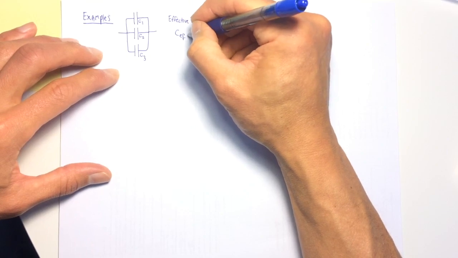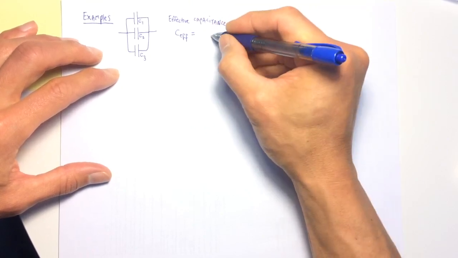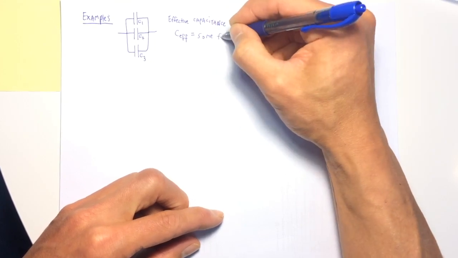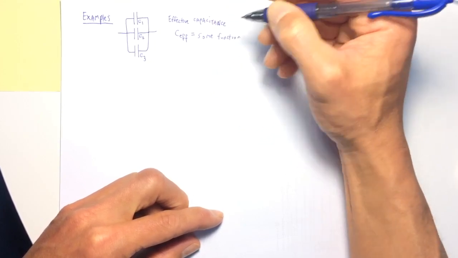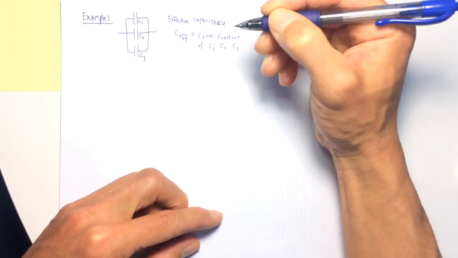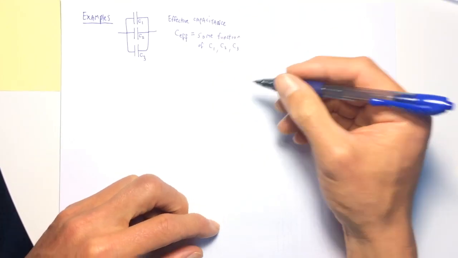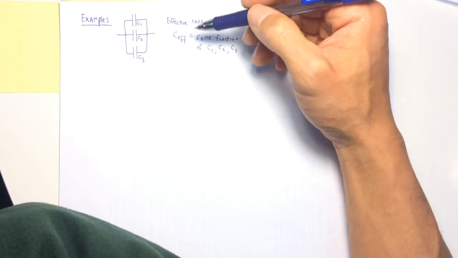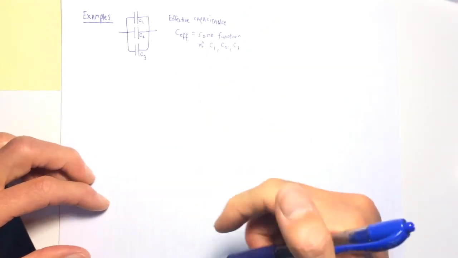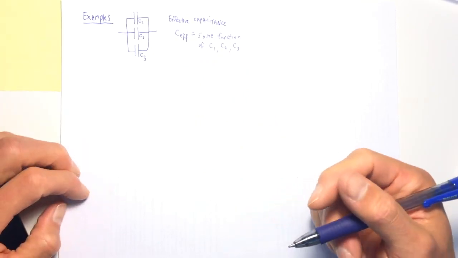That is, I'm going to write down C effective equals something, right? Some function of C1, C2, and C3. So this is the sense in which I'll describe the effective capacitance in terms of the given quantities.